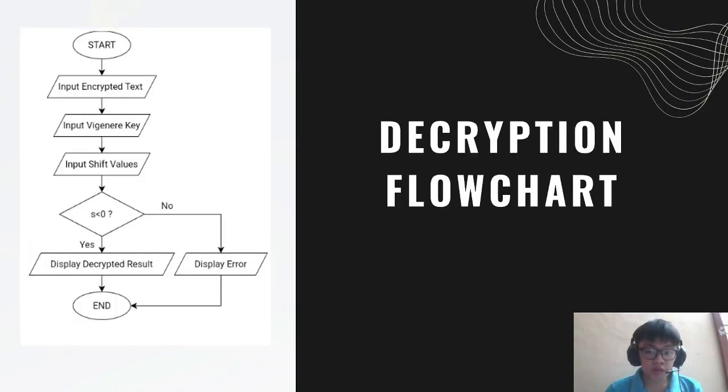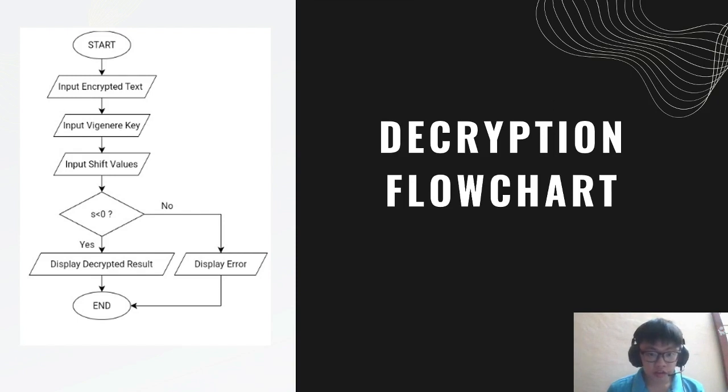As for the decryption part of this project, firstly we input the encrypted text for the purpose of decryption, and next we input the key for the Vigenere cipher, and then we input the shift value for the left shift, which is represented by the letter S. Since this is a left shift, the shift value will be less than 0.